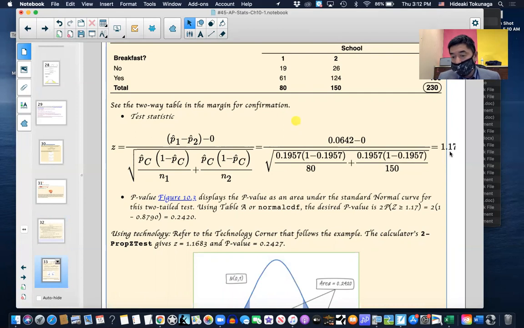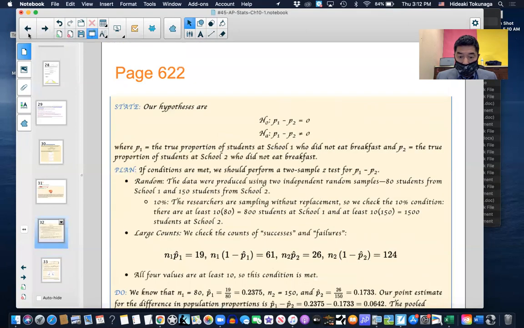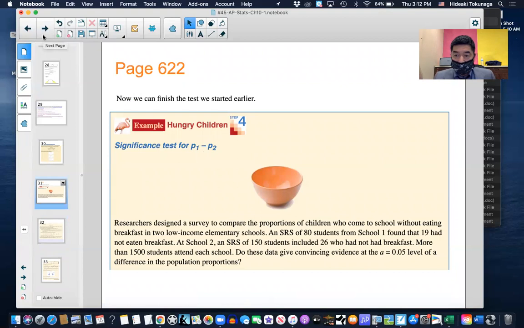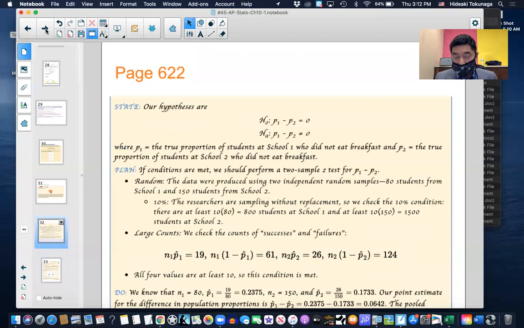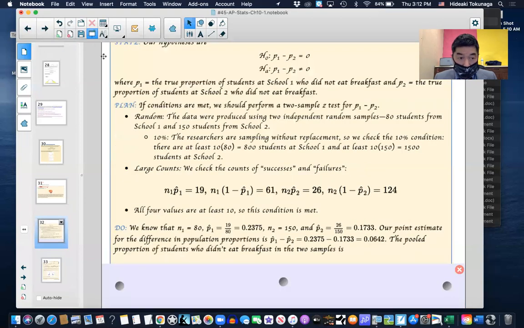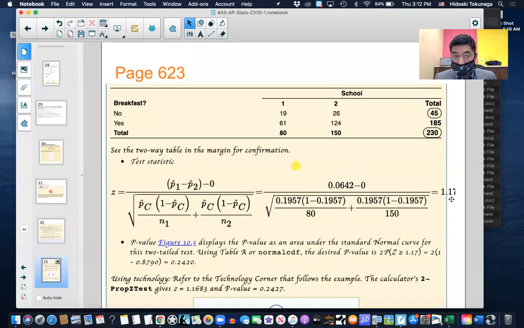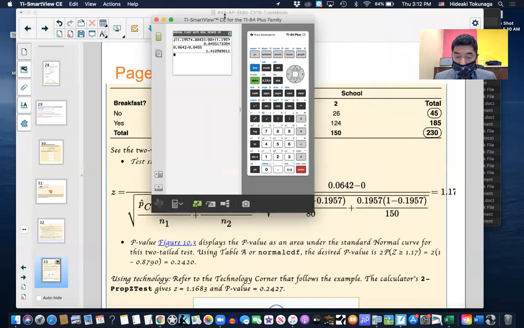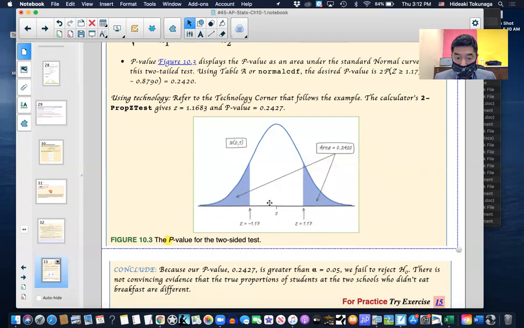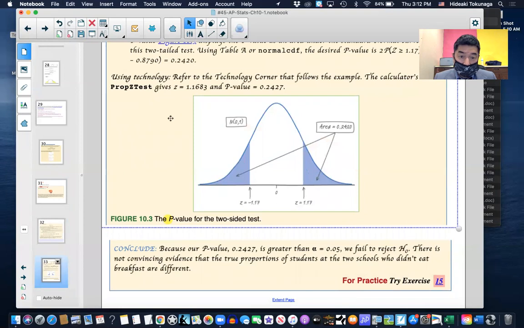After you get 1.17, since the hypothesis statement has both sides, not equal to, it's a two-tailed test. When we run the two tails, we need the p-value for 1.17.